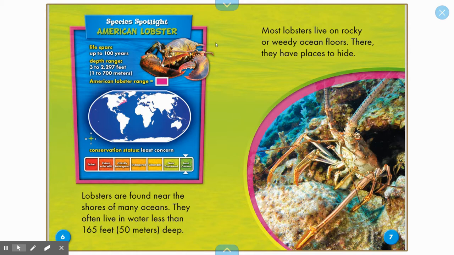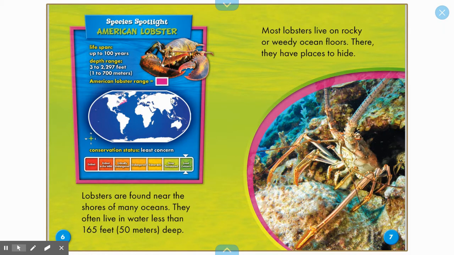I see a map, and this map is titled Species Spotlight, American Lobster. So then there's a key right here, and my key says American Lobster Range with this pink in a box. So that means the American lobster live all around here, so all on the coast of North America, right where we live.